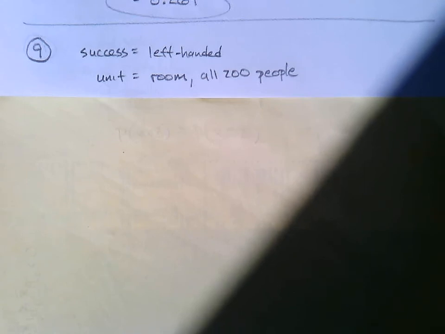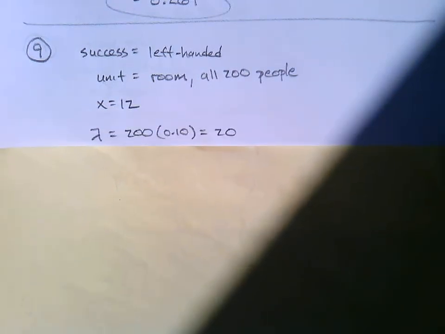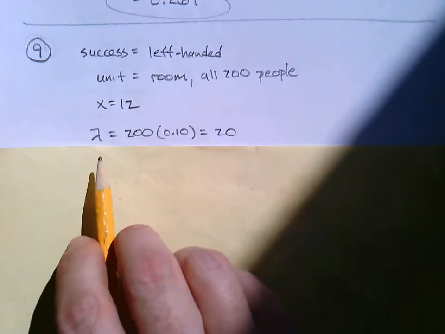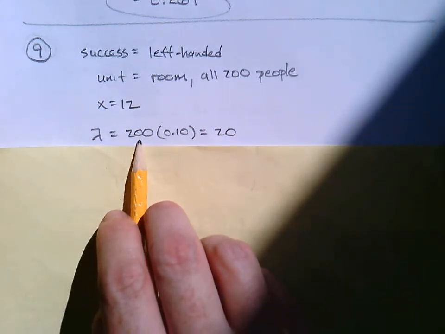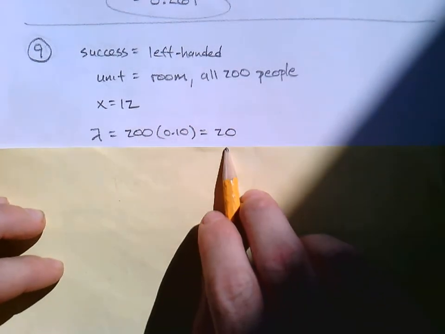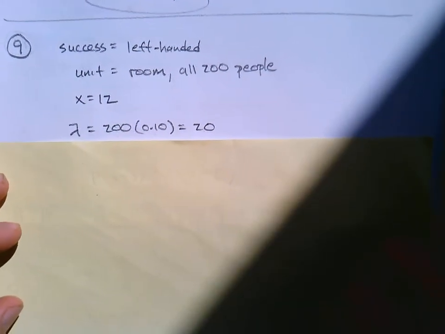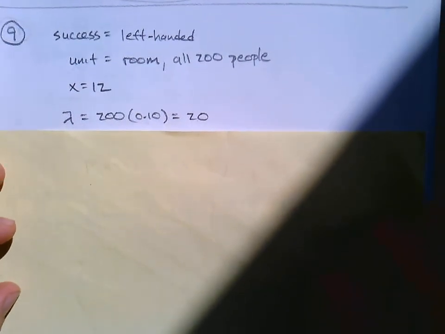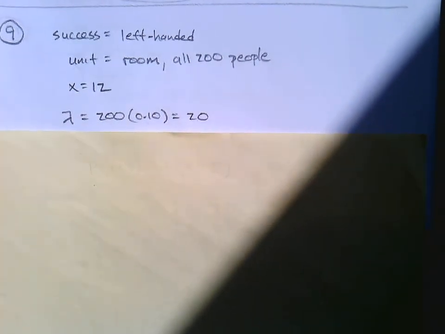There's 200 people, and we also know the percentage of the population. So lambda is going to be all 200 people in the room times 10%, which gives you 20. In a room of 200, we would expect 20 people to be left-handed, 10% of 200. So that's our lambda here.